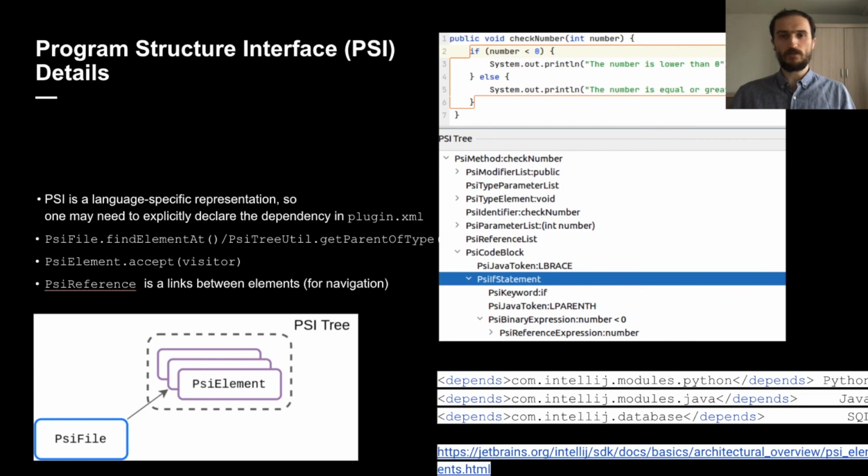The platform API surface around PSI, including creating, traversing with a visitor pattern, and finding elements, is quite large, and digging deeper into it is outside of the scope of this short demo. For further reference and details on navigation and manipulation of PSI trees, please refer to the official documentation.